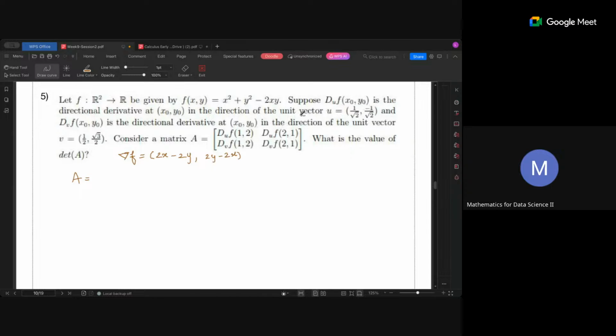And they are already unit vectors, so you don't have to convert them into unit vectors. So what is the directional derivative at 1 comma 2? You have to multiply del f with the unit vector 1 by root 2 comma minus 1 by root 2. First of all, what is del f at 1 comma 2?